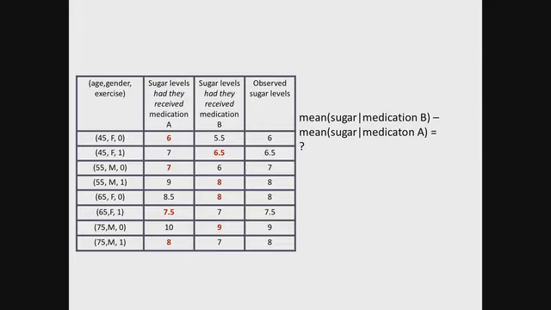We're now going to demonstrate the difference between a naive estimator of your average treatment effect and the true average treatment effect. What I want you to do right now is to compute first the average sugar level of the individuals who got medication B. For that, we're only going to be using the red ones.